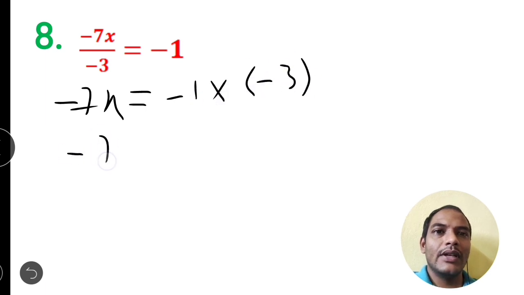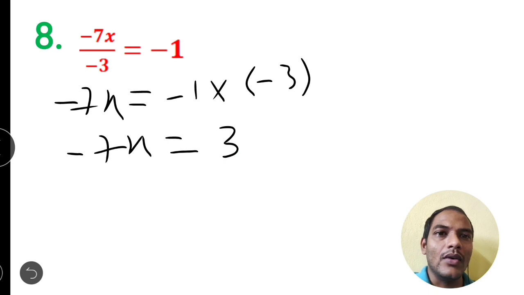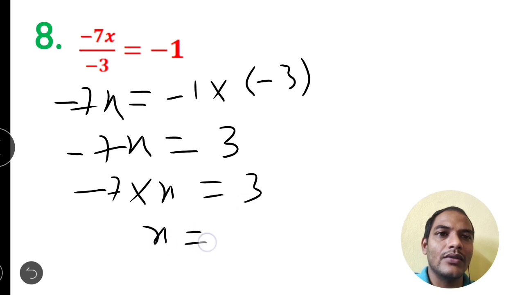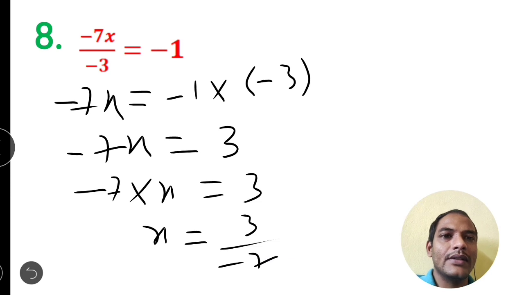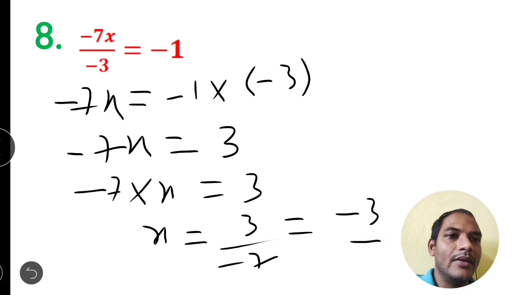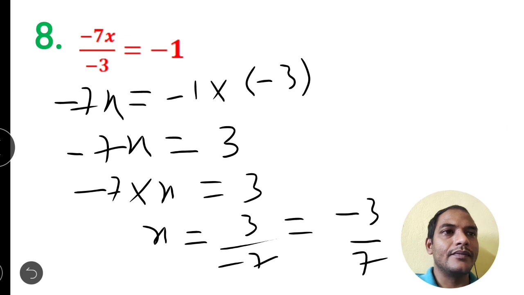So minus 7x equals minus 1 into minus 3, which is plus 3. Now minus 7x is nothing but minus 7 into x equals 3. Then x equals 3 divided by minus 7, because minus 7 is multiplying. So it equals minus 3 divided by 7. Write the minus symbol in the numerator place.